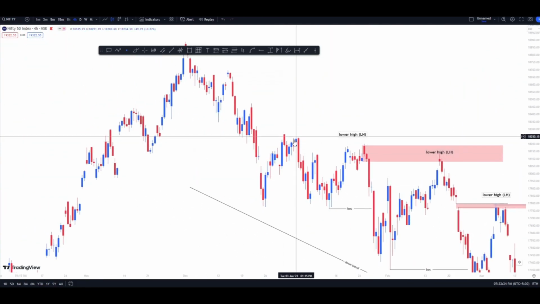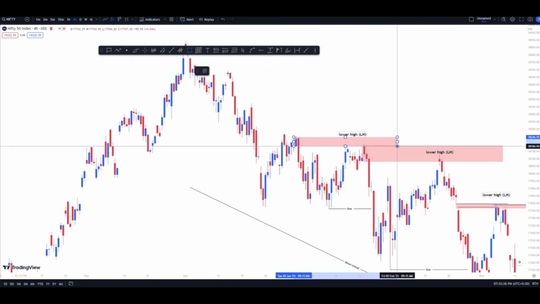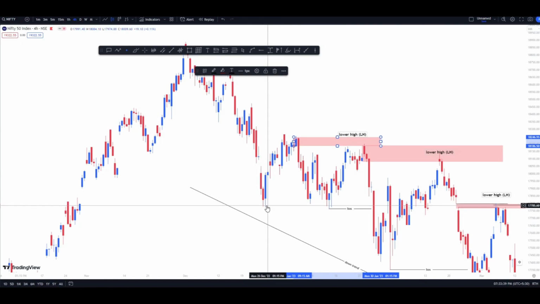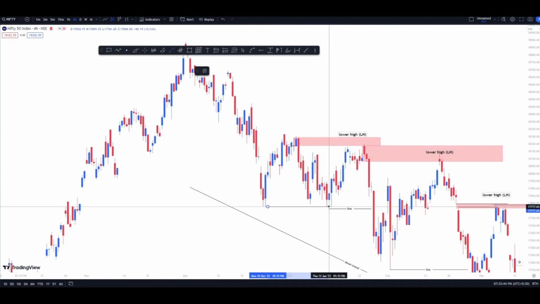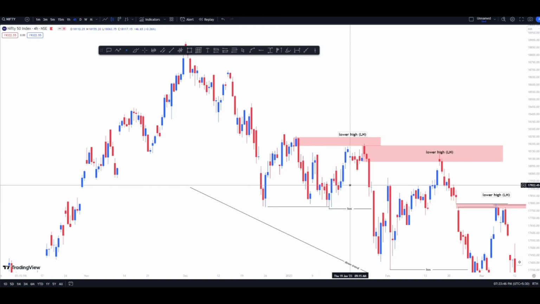Here again we have a supply but no major break of structure. On the daily time frame we can still consider this wick as a break of structure until and unless this supply is respected. If it is not, we are not going to trade it.